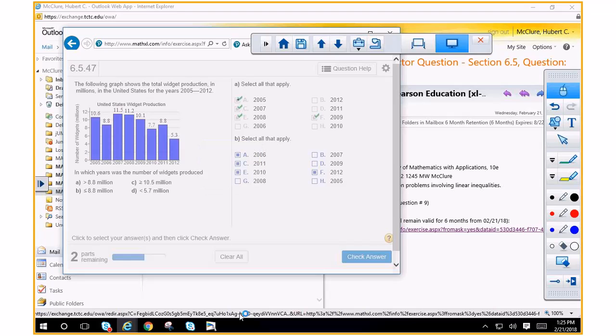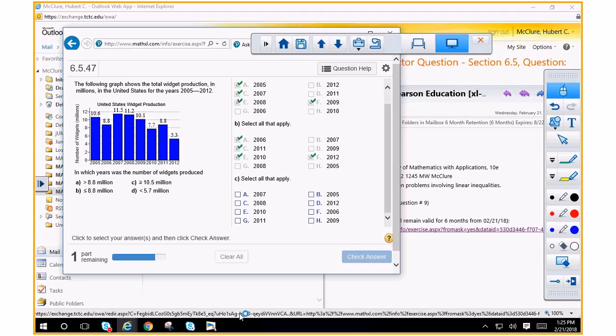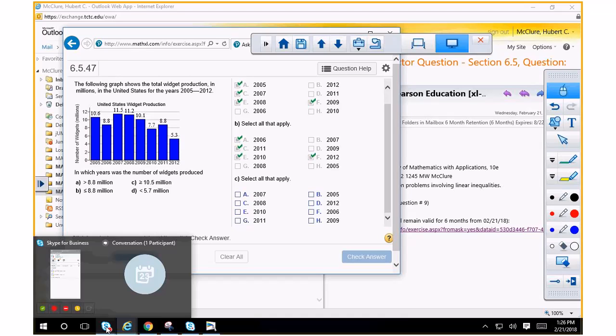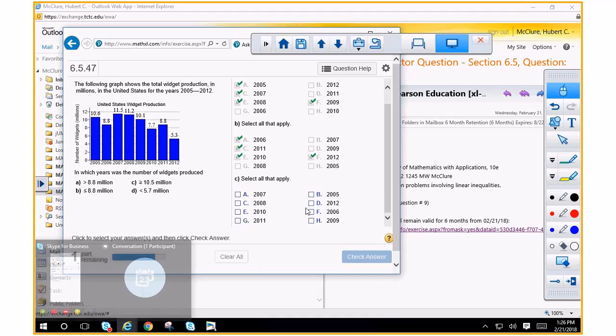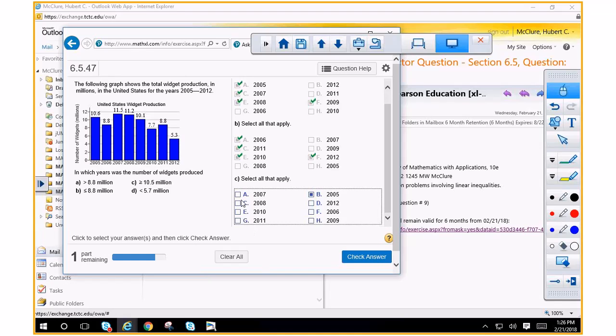Fantastic. Which one's greater than or equal to 10.5? 1, 2, 3, 4. It's the same ones. 5, 7, 8, 9.